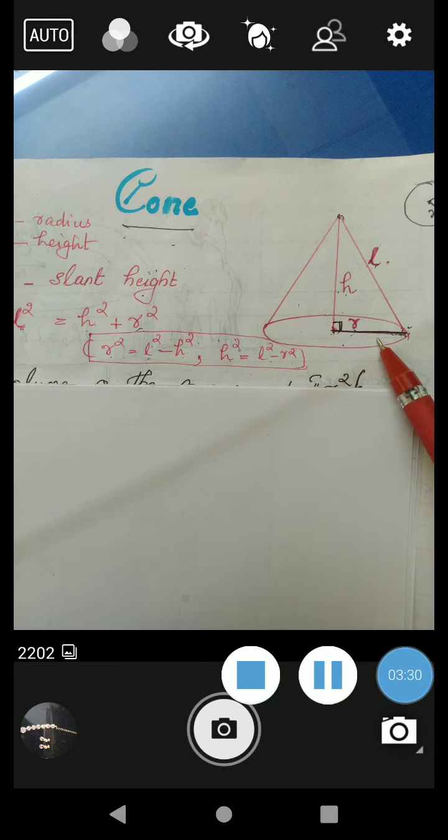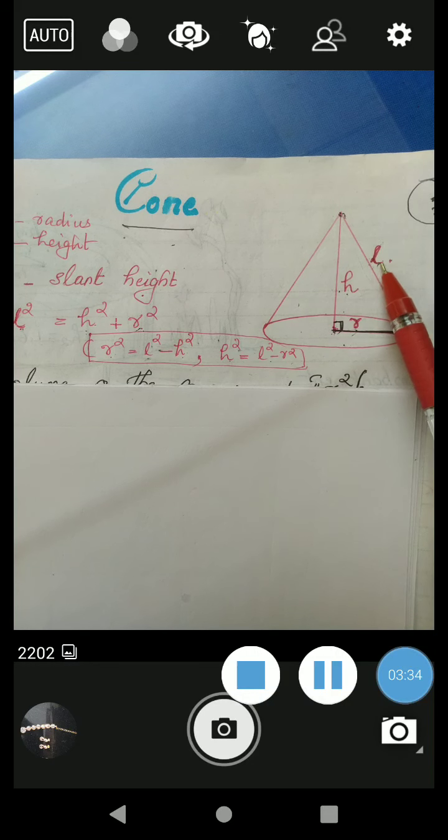Suppose you are given the height and radius. Can you find the slant height? Yes, we can use the Pythagoras theorem: the square of the hypotenuse is equal to the sum of the squares of the other two sides.